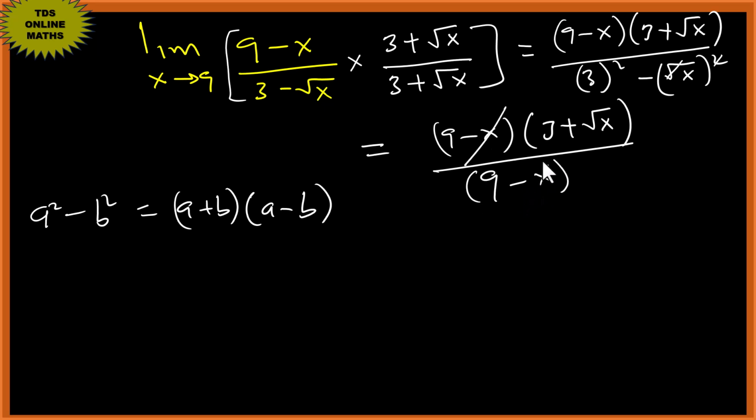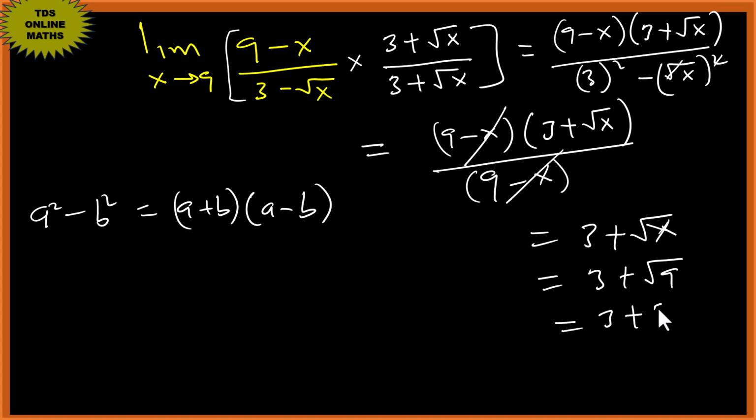This one will cancel this, so I'll be left with 3 plus root x. Okay, so the limiting value here is 9, so I can go ahead. 3 plus the positive square root here will be 3.